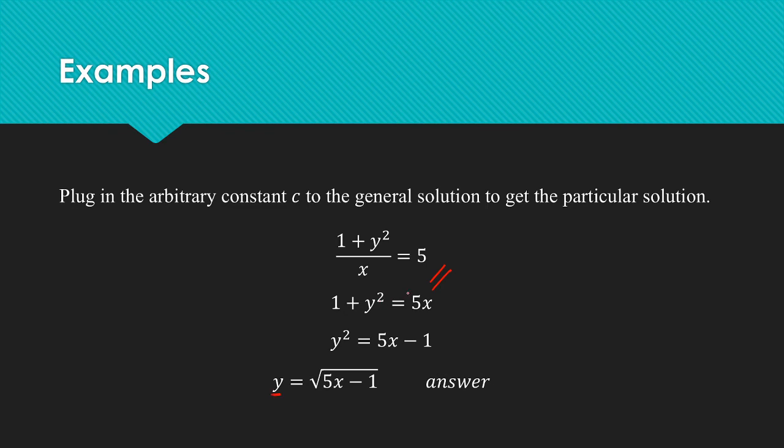So, sinimplify natin siya para it's a function of y na ang variable niya ay x. So, by doing simple multiply and then transpose, we'll have y is equal to square root of 5x minus 1. So, this is our answer.